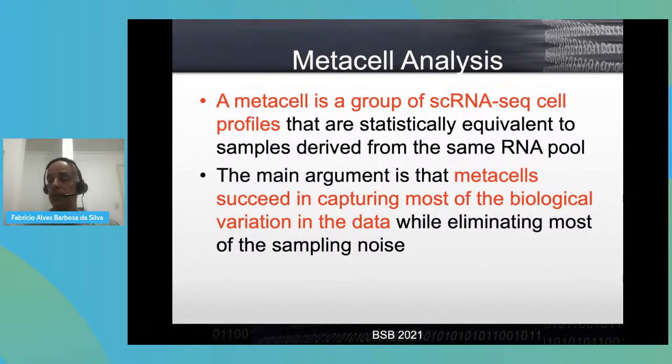So, the MetaCell algorithm clusters single cells into metacells. And the main argument here is that metacells succeed in capturing most of the biological variation in the data while eliminating most of the sampling noise.